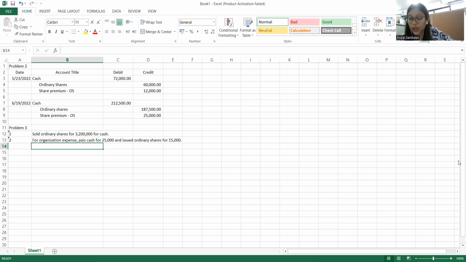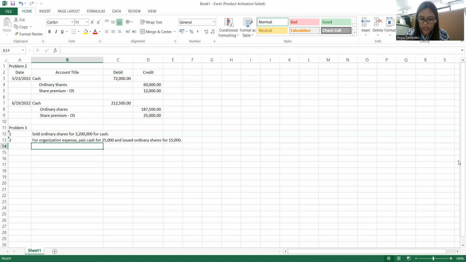Villarama Corporation was organized on January 1, 2018. It is authorized to issue 20,000 shares of 6%, 50 pesos par value preference shares. Take note of that. And 50,000 shares of no par ordinary shares, but with a stated value of 10 pesos per share. The following stock transactions were completed during the year.